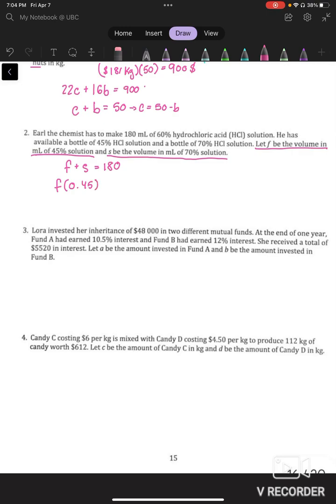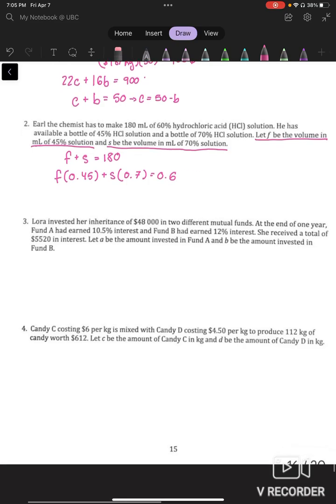That's how you would write percentages. Plus the amount of 70% solution times 0.7 will equal 0.6 times 180. So that's going to be your two equations.